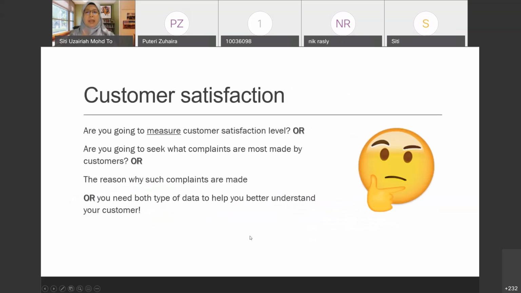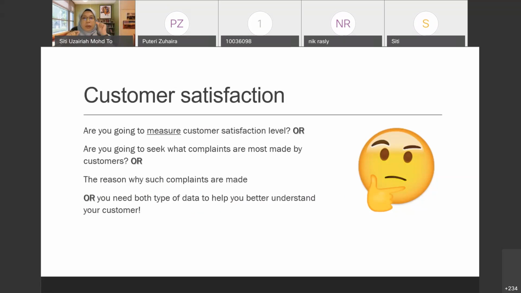Okay, so I'm giving an example of the same situation. You want to study customer satisfaction, or your problem is about customer satisfaction. If you're going to measure the customer satisfaction level, is it quantitative data that you need or qualitative data? The underlying idea is your key.